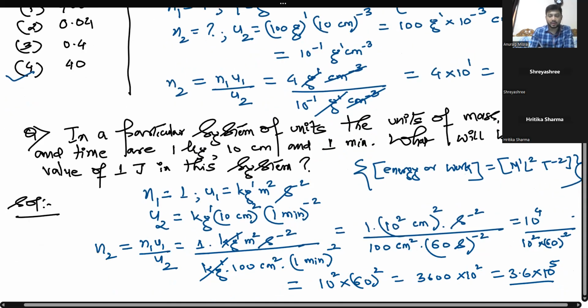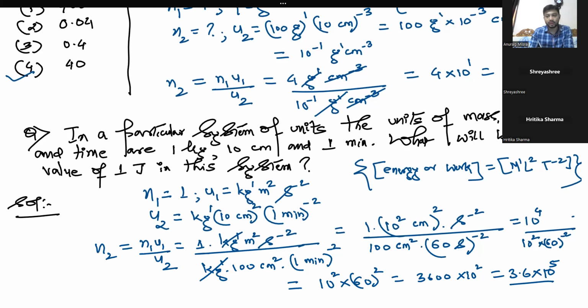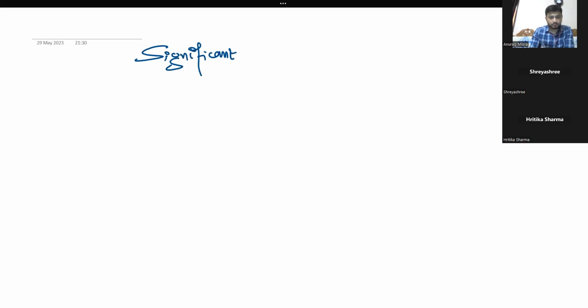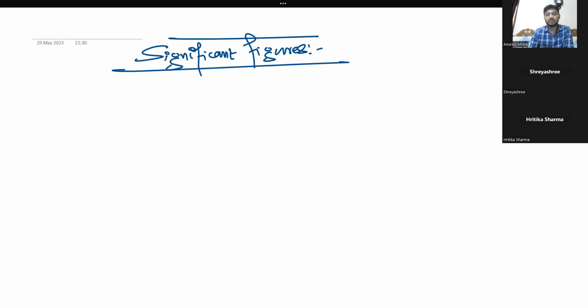What are these? And let us recapitulate the rules for counting them. So what does significant figure mean? Whenever we do any measurement and get data, remember that in a particular number, all the digits we write may not be significant or certainly known to us.